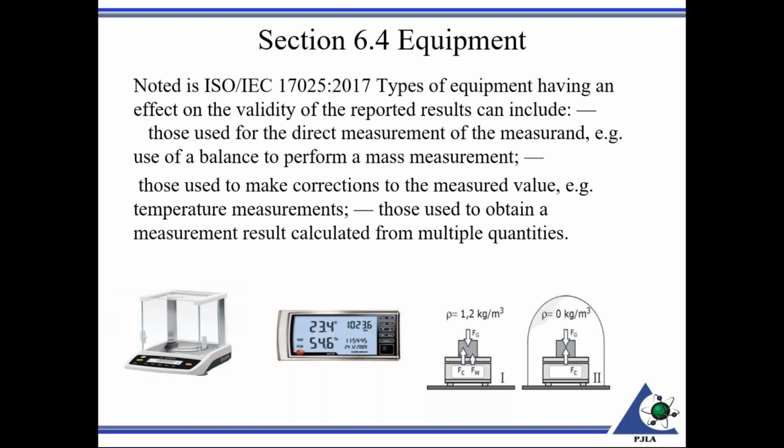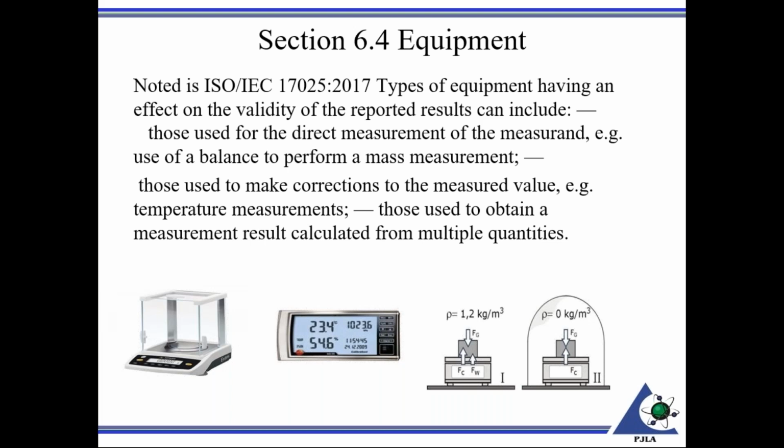So notes within 17025 expand further on types of equipment having effects on the validity of the reported results. Can include those used for direct measurements, for example, a balance used to perform mass measurements, or to make corrections to the measured value, such as temperature measurements.